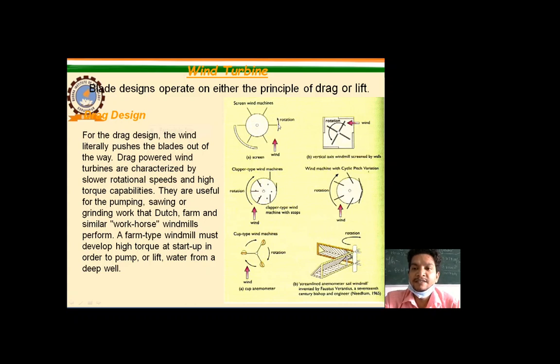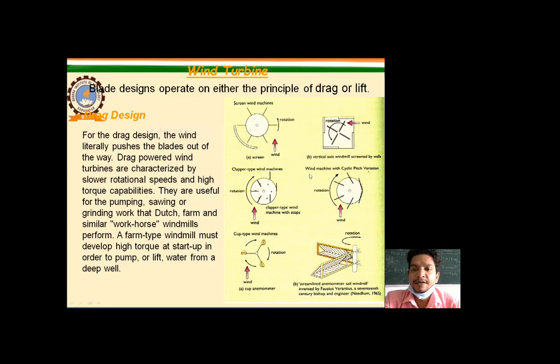Here the sense is anti-clockwise, and when the wind flows from down to upward direction, this machine will rotate anti-clockwise.